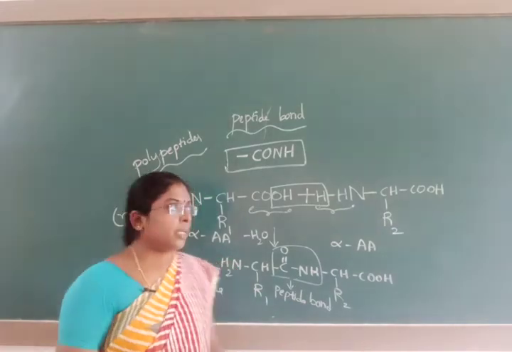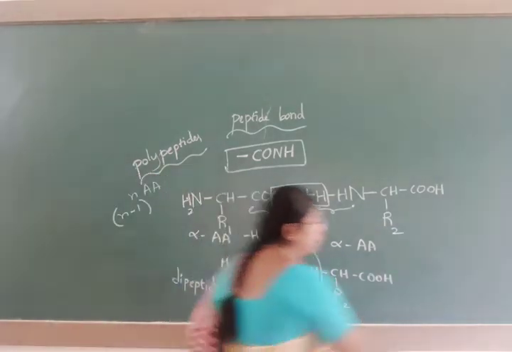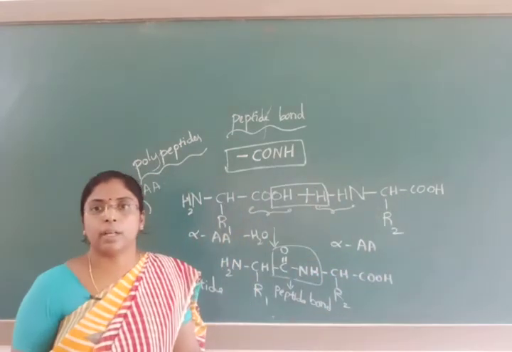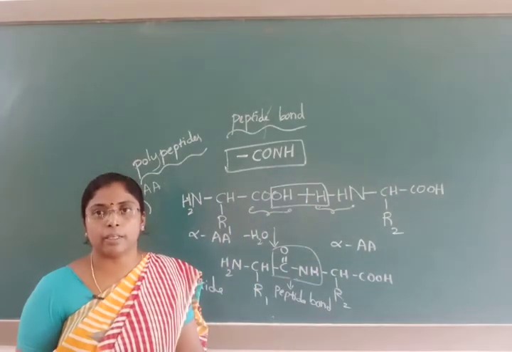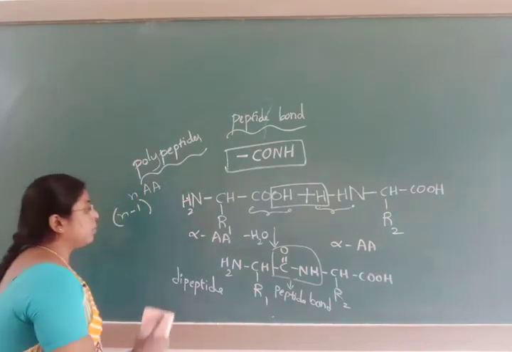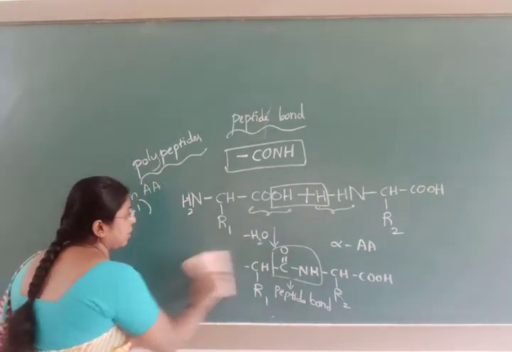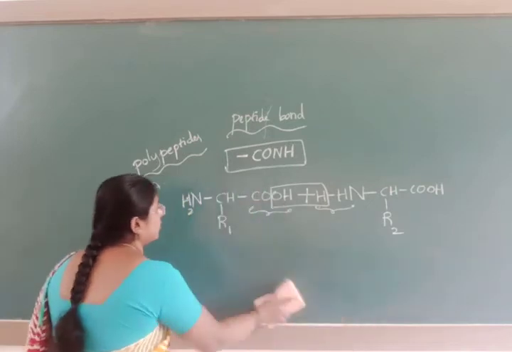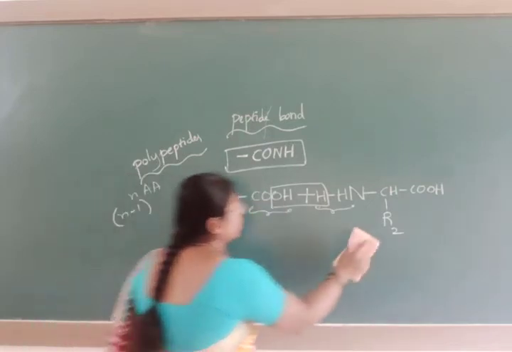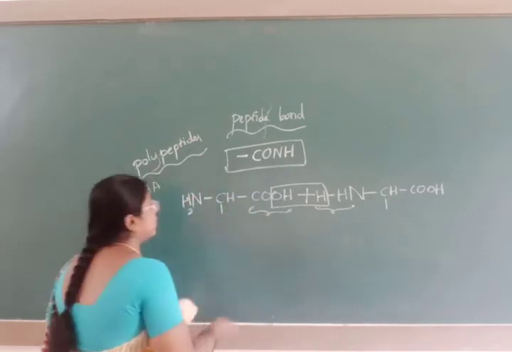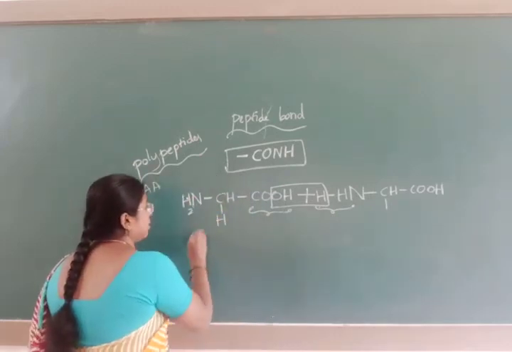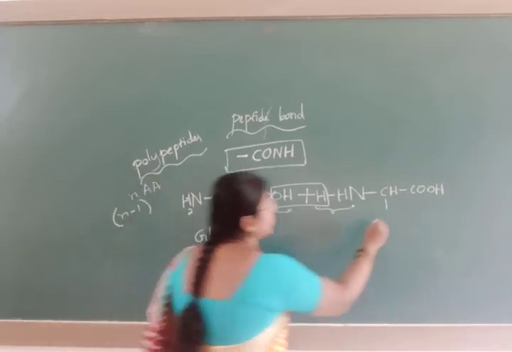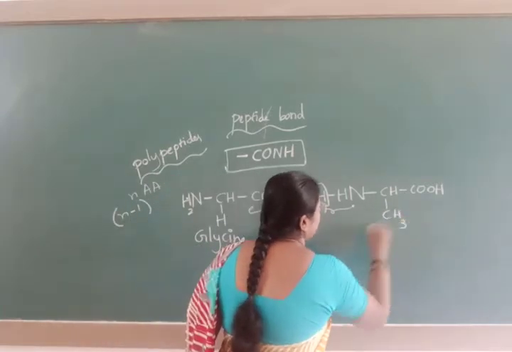For example, take the amino acids glycine and alanine. In the exam you get a 2 marks question: give the formation of glycyl alanine. Here R for glycine is H, and R group is CH3 for alanine.